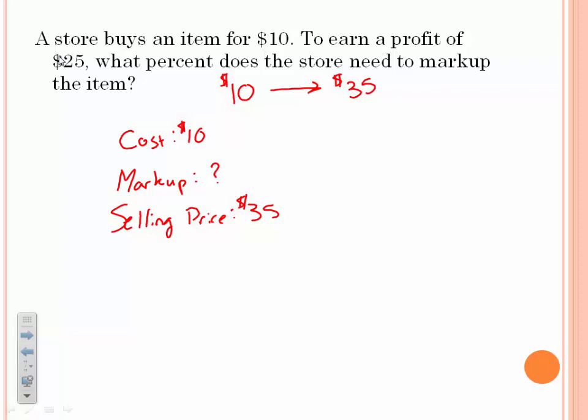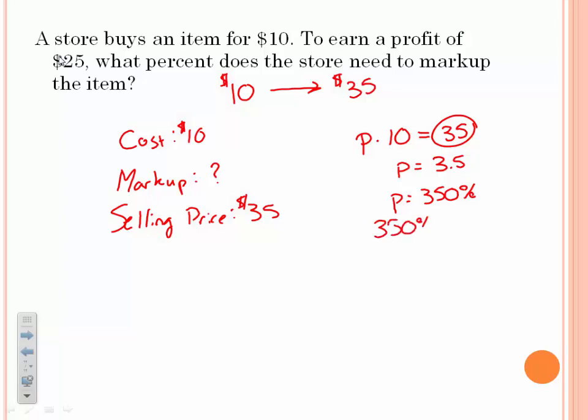Using 4.1, we would do P times the original equals the new amount, which is 35. So then you divide and get P equals 3.5, which is 350%. But since this is including the original cost, we have to then do 350 minus 100% and get 250% is our markup.